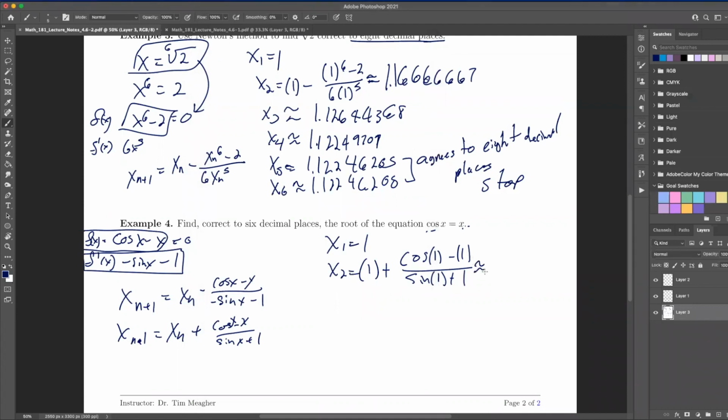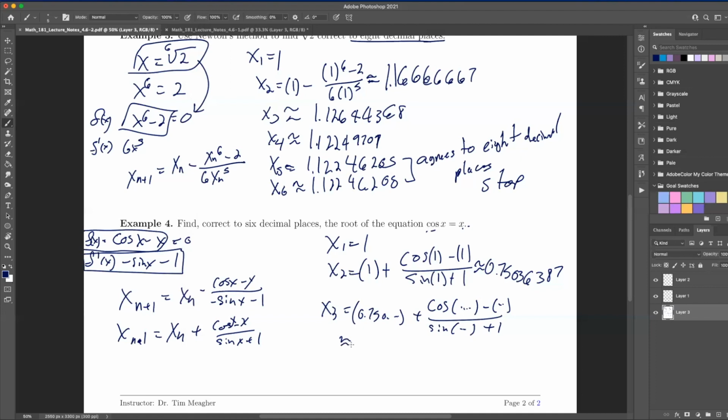So this is approximately equal to 0.75036387. Yeah, that's 8 decimal places. Okay. And then I'm going to do the same thing again, right? And now I'm just going to plug in 0.75036387 plus cosine. Let me make it very clear what's happening here. Cosine of that minus that over sine of that plus 1.